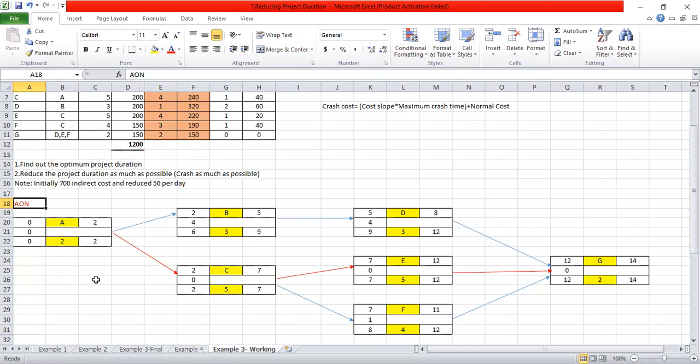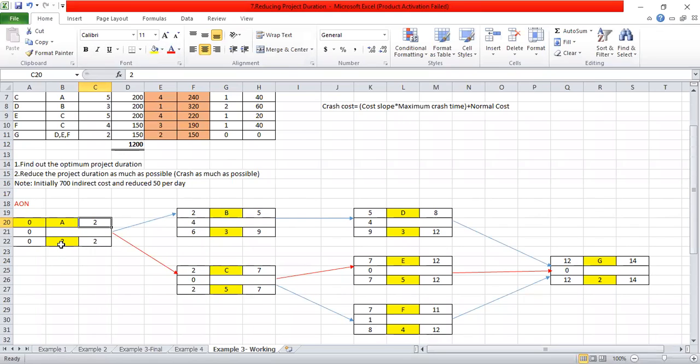Now I am going to do the forward calculation. You are starting from here with 0. For that 0, you have to add this 2 here and you get this. In these cells, we are getting the early start and early finish times, right?